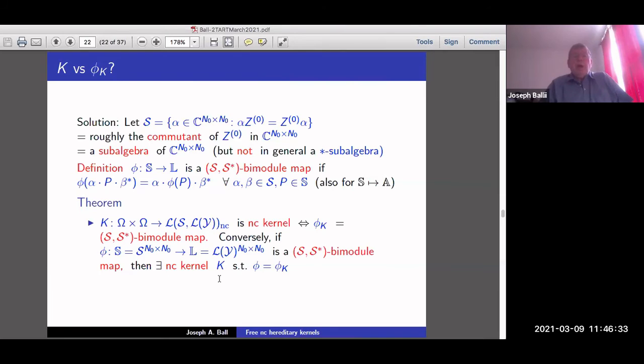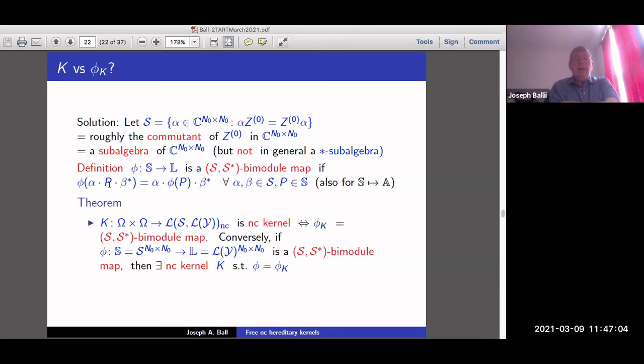So the solution, take S to be, that's what S is, n naught by n naught matrices over C, and restrict to those alpha for which alpha Z naught equals Z naught alpha. Roughly the commutant of Z naught in n naught by n naught matrices over C. Turns out this is a subalgebra of n naught by n naught matrices over C, but it's not a star subalgebra.